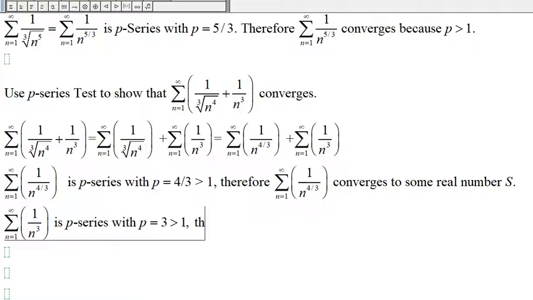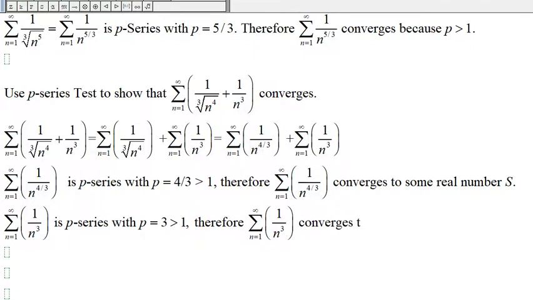And therefore, this series converges to some real number, and we'll call it T or something.